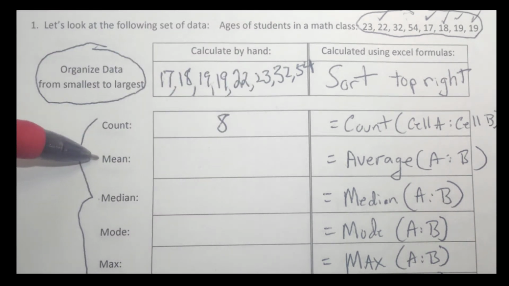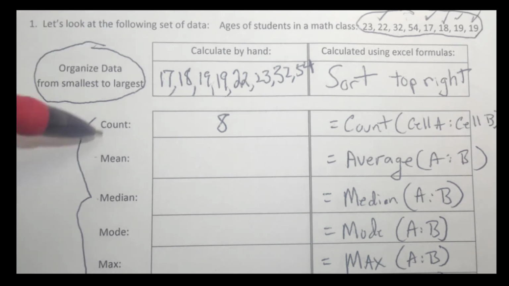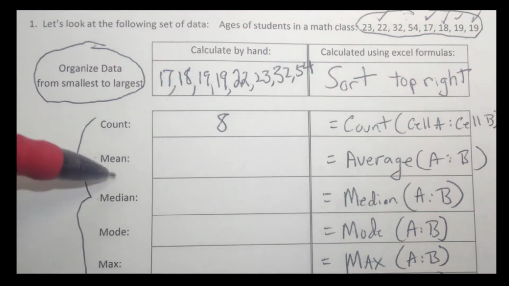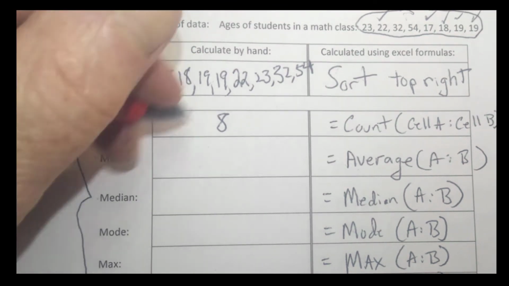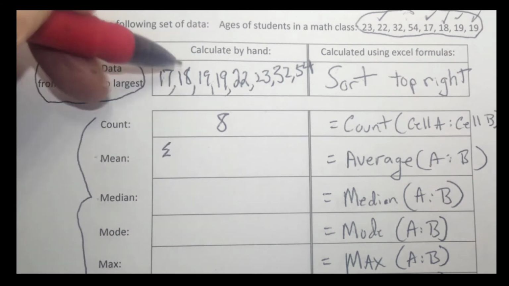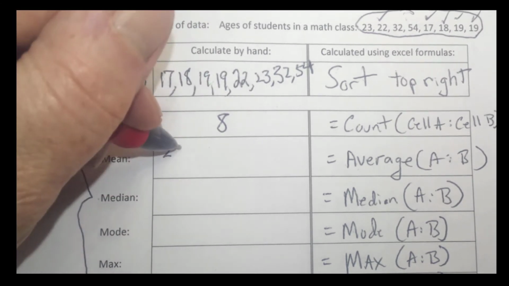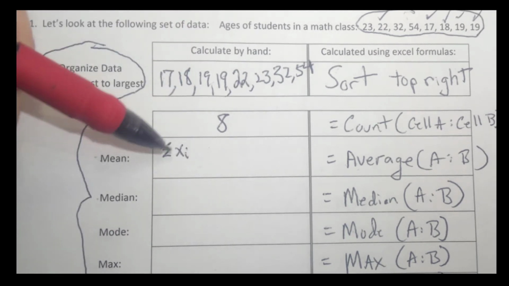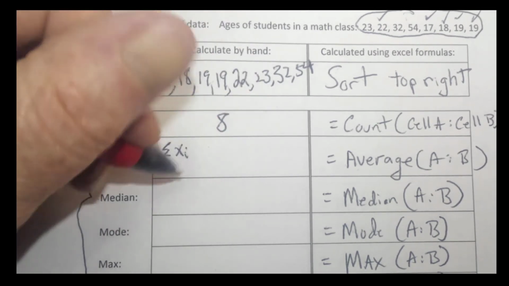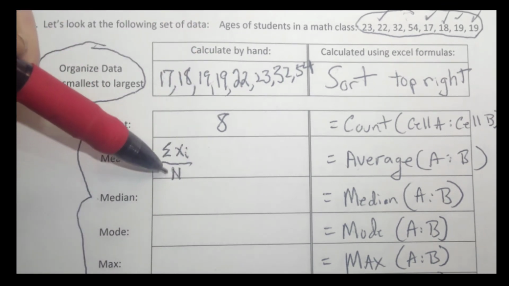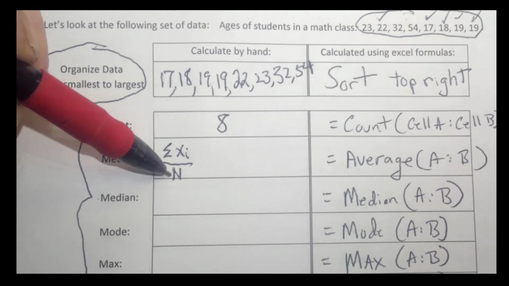The mean you know probably as the average, and in Excel it's actually called the average. But what it is, it's the sum, and this symbol here means sum, of the x sub i, which means the sum of all the data, divided by n, which is often used for the count.